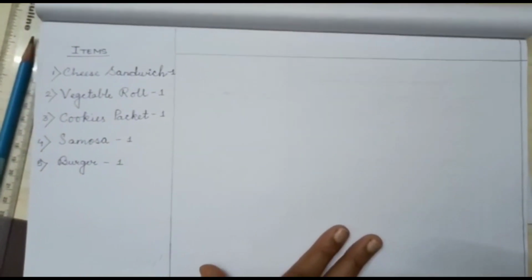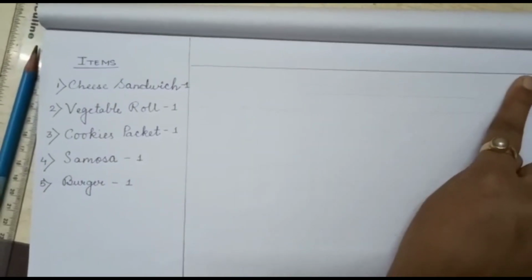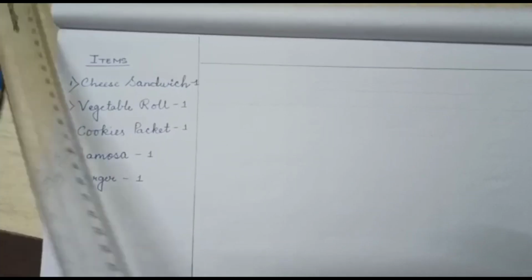Now see, for making a bill, first of all you will draw a line over here, and here again we will draw some lines.